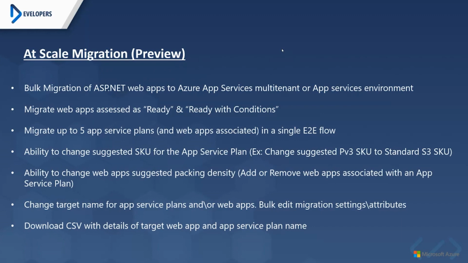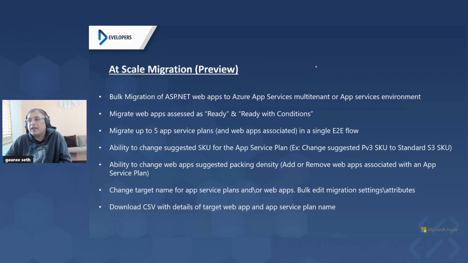As part of the migration flow, we also allow you to change the suggested SKUs that we give you at the time of assessment, or change some of the packing density we suggested as part of assessment. All those flexibilities are there, and this is all about the at-scale discovery, assessment, and migration.